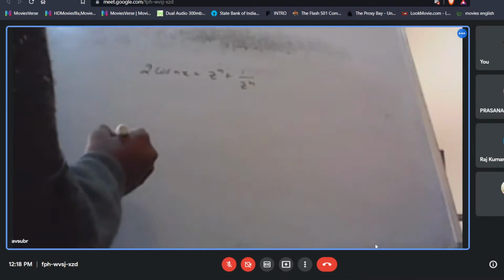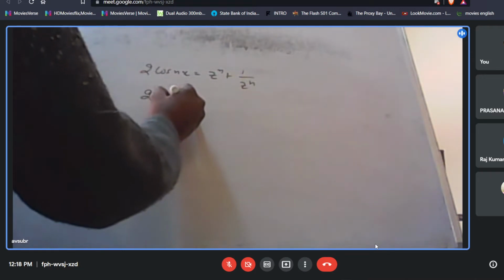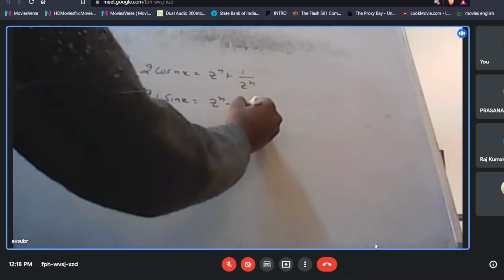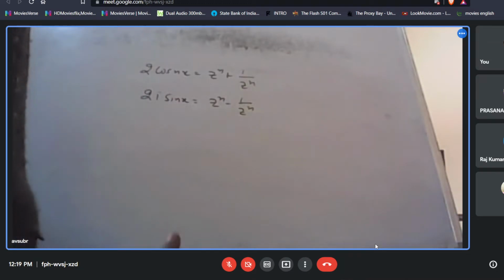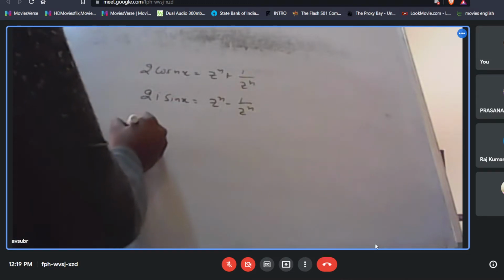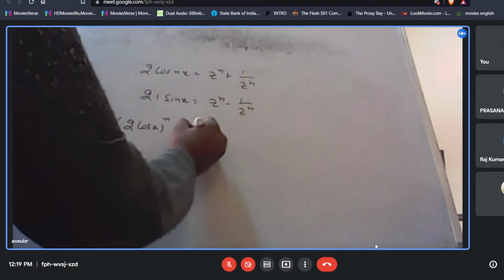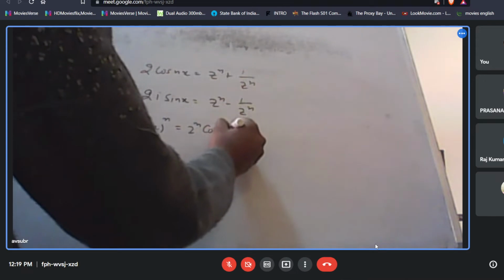And 2i sin nx can be written as z to the power n minus 1 by z to the power n. That also I can write. Simple.